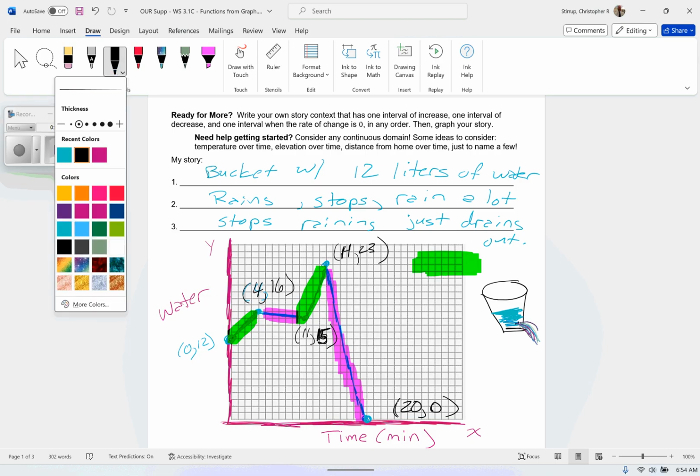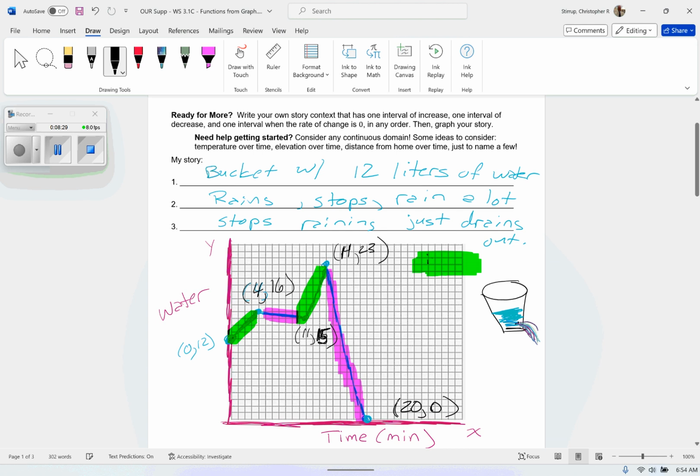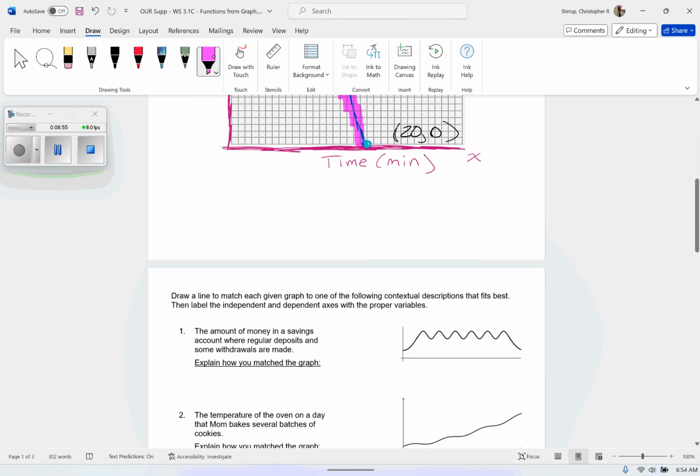Okay, so the green is increasing. And the pink is decreasing the water. So we can clarify a lot of that information where it's increasing or decreasing, and we'll get to that in a little bit. So let's move further down.